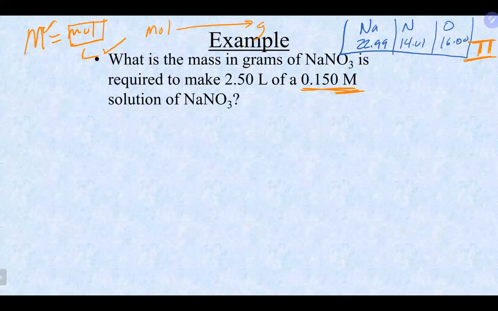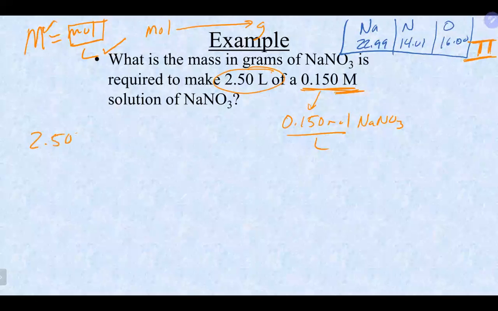So once again, I'm going to pull this molarity in as 0.15 moles per liter of sodium nitrate so I can see all the units. In this case, our volume is already in liters, so we don't need to convert it. So we'll just do our 2.5 liters, and multiply it by the molarity, which is 0.15 moles per liter of our sodium nitrate.